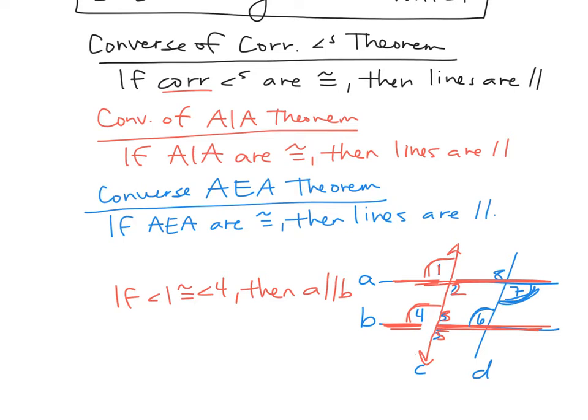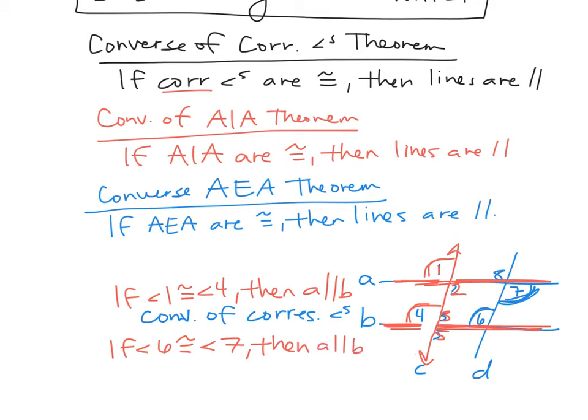A and B again, right? Okay, so this first one, 1 congruent to 4, that was the converse of corresponding angles. This one, we would say if angle 6 is congruent to angle 7, then we know A is parallel to B.